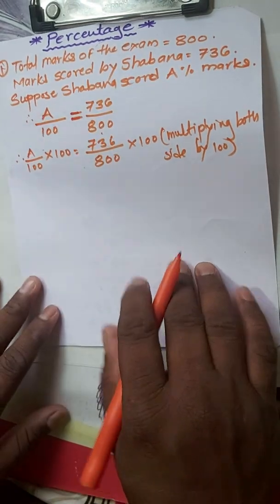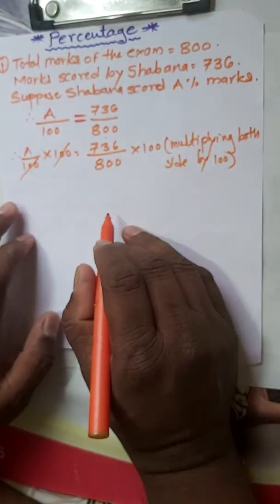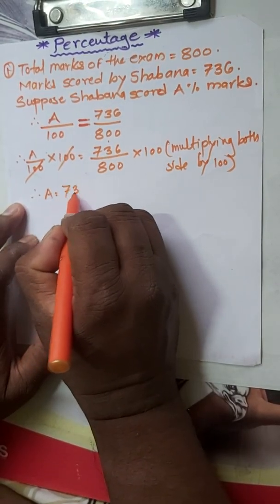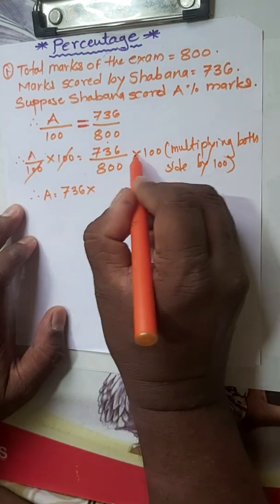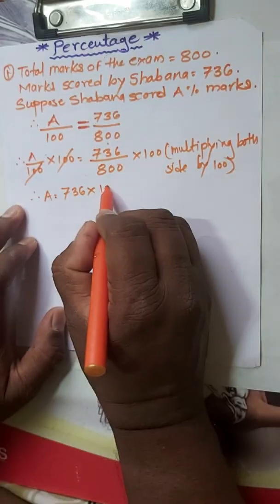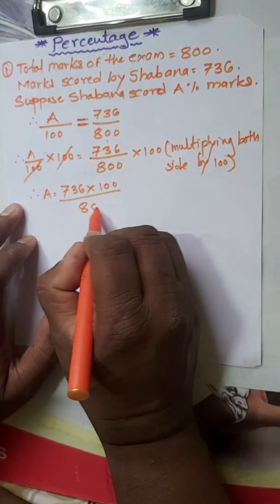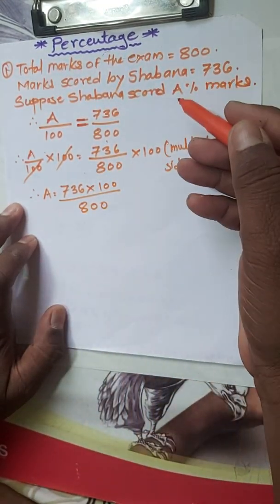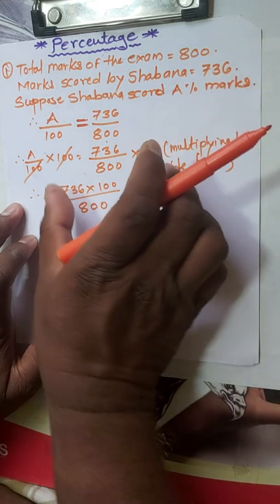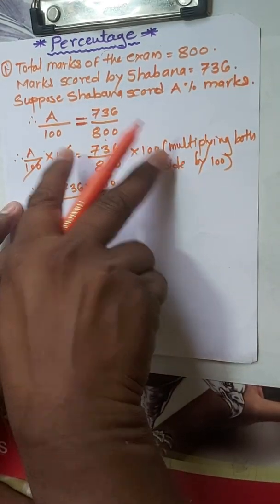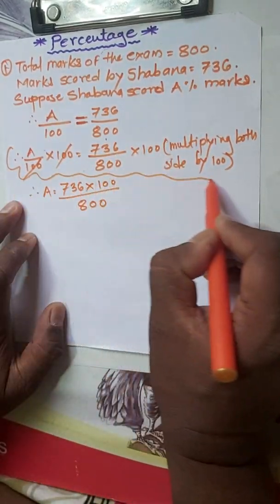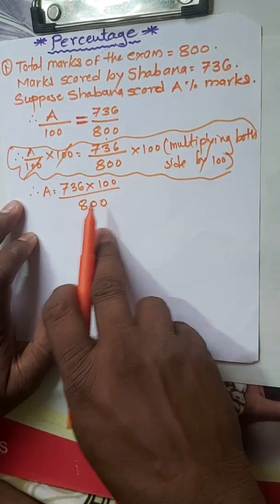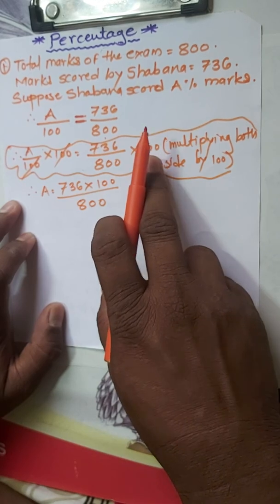Okay, now this 100 cuts with this 100. Therefore a is equal to 736 multiplied by 100 upon 800. In the next examples I will not explain this step, I will directly write the next step, but for your understanding of how this came, that's why I wrote this step.